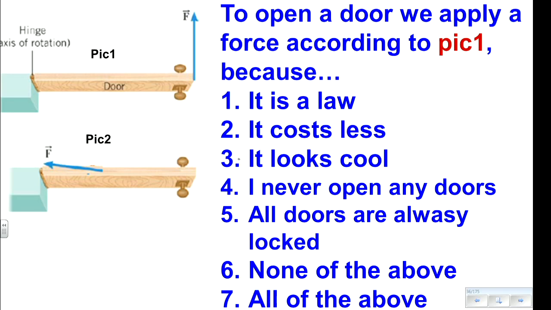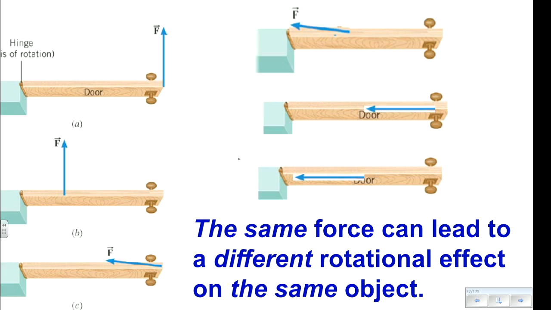Not really, yeah. So this type of motion is a rotational motion. When we open the door, when we close the door, it makes rotational motion. And it's not the only rotational motion which is important in our life. So we need to investigate different situations.